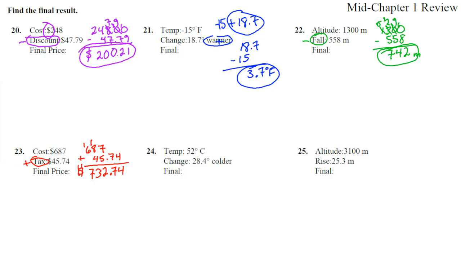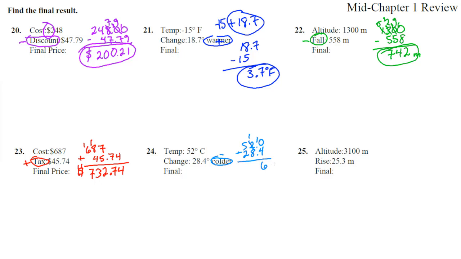If there's a temperature of 52 degrees and it's 28.4 degrees colder, colder means subtract. So this is 52 minus 28.4. Okay. And the strongest one's on top already. Good. Put a 0 there. 0 minus 4, we can't do that. Borrow from the 2. There's one of those left. Makes 10.